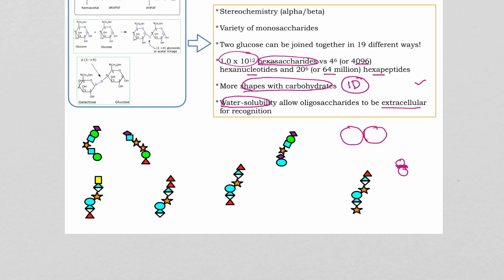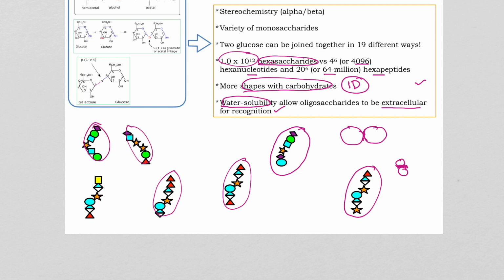And these are water soluble, so we can make all kinds of hexasaccharides or oligosaccharides, all kinds of shapes, many more shapes than we can with proteins, or with nucleic acids like DNA or RNA. So basically, these are very rich in information. Shapes is all about information.